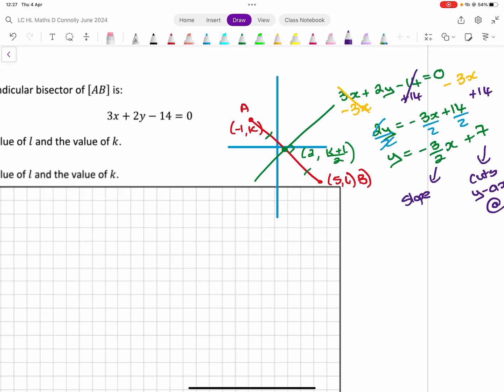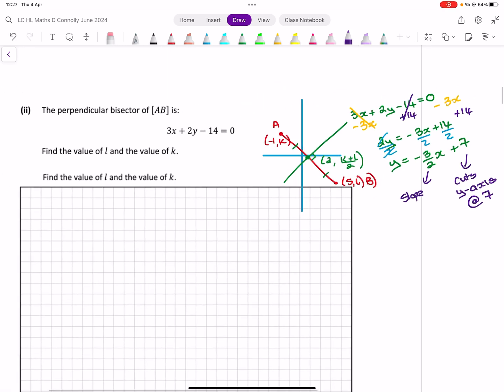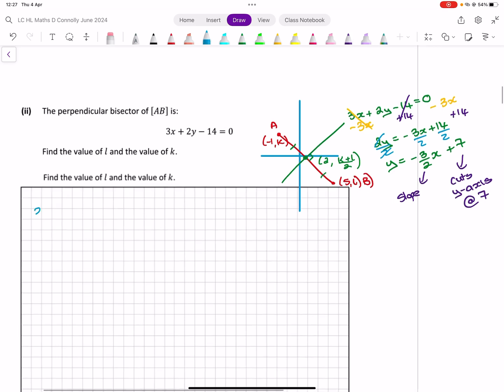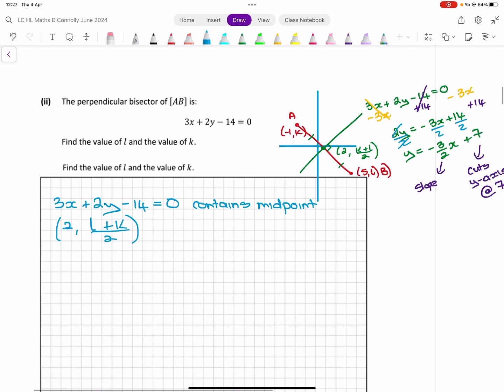Okay. So this line, 3x plus 2y minus 14 equals 0, contains the midpoint. So we can sub that in. So the midpoint is 2, L plus K over 2. This can go in for x, and this can go in for y.